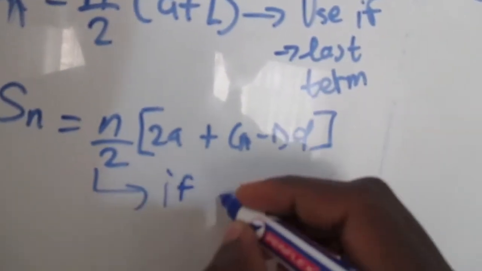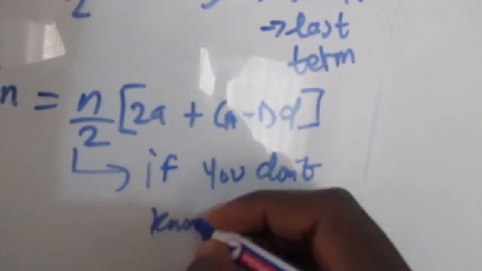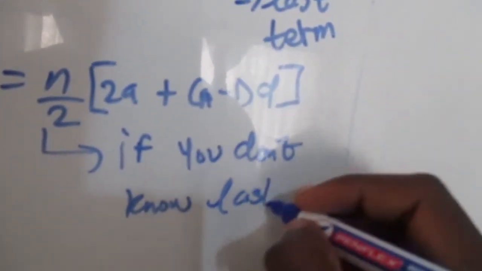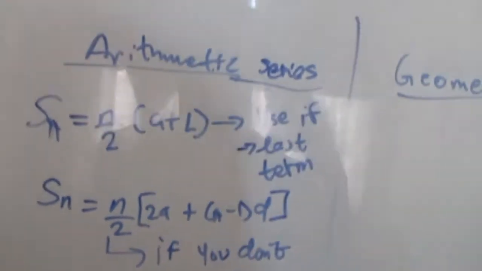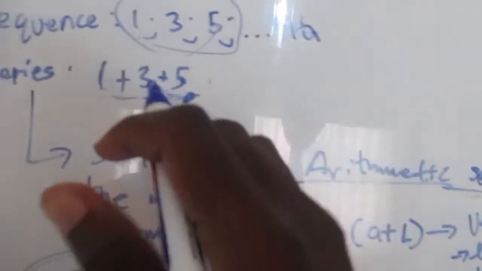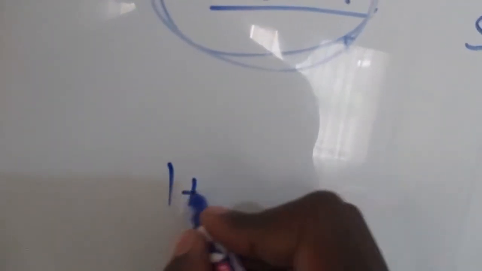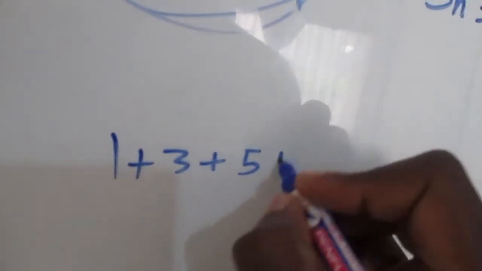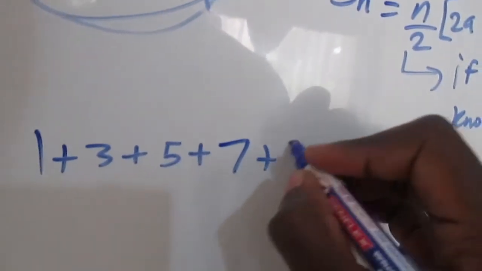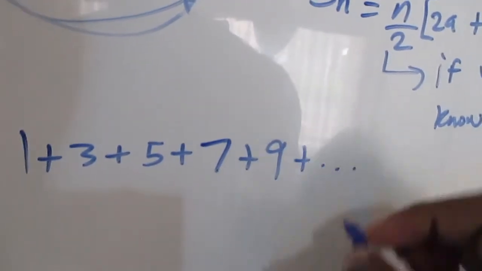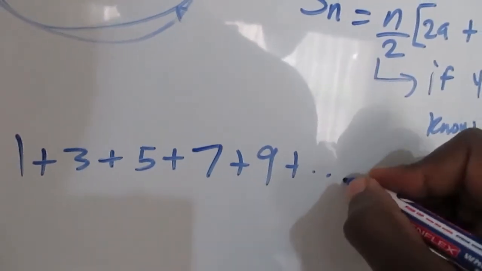So let's do an example with this same series. The next term will be 7, then the next one will be 9. And we know that the next term over here will be 11.